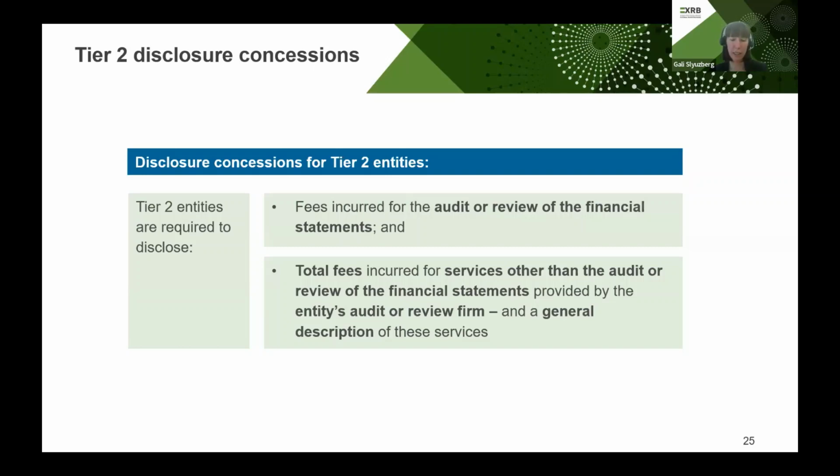So the amending standards do introduce new disclosure requirements for tier 2 entities, but these requirements are reduced as compared to the more detailed requirements for entities in tier 1. The reason for the reduced disclosures for tier 2 is just to take into account the balance of the costs for preparers of financial statements in tier 2 versus the benefits for the users of tier 2 entities' financial statements.